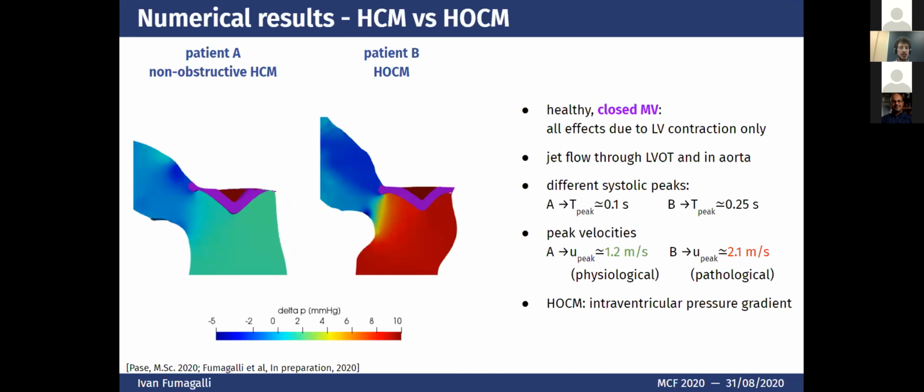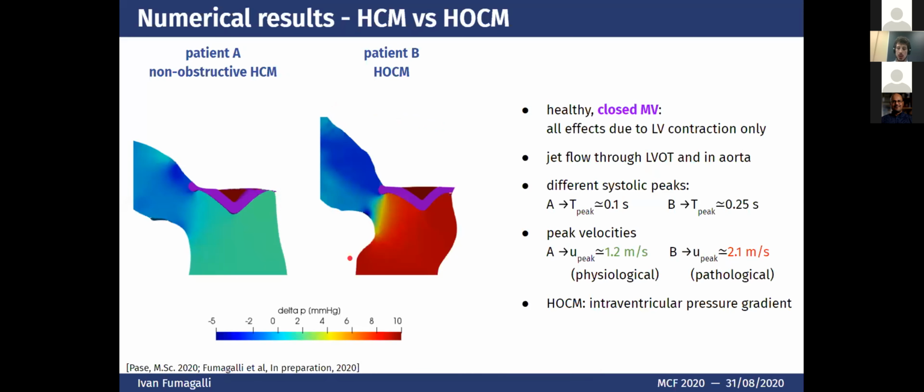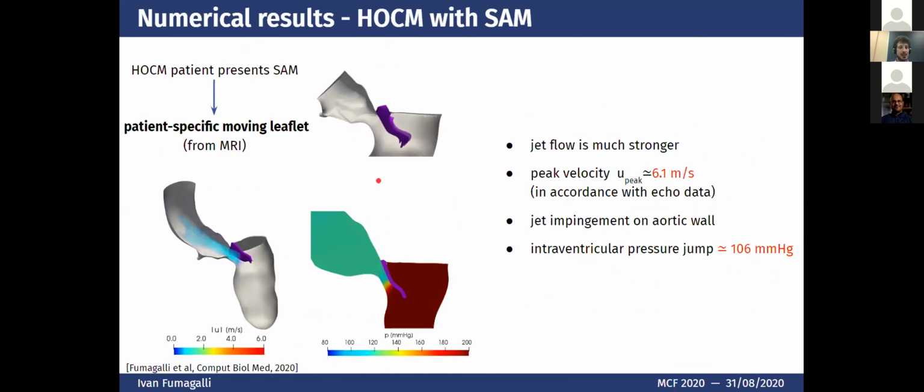Associated to this velocity, there is also an intraventricular pressure gradient, which is, of course, way stronger in the obstruction case. Now, in order to study even more in detail the patient-specific situation of this patient, we considered also the fact that we are in presence of a systolic anterior motion.